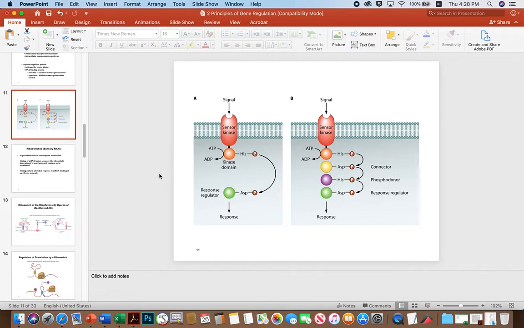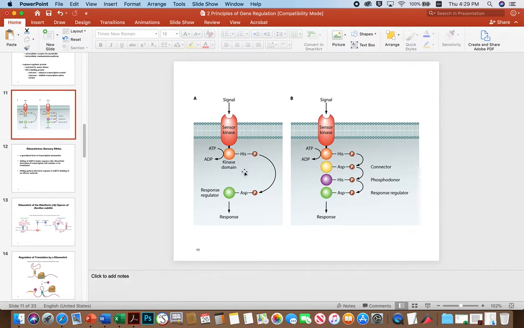Typically, the response regulator is the DNA binding protein that can activate or repress gene expression. So in this cartoon, you see in panel A a classic two-component system where you have the sensor kinase straddling the cytoplasmic membrane with a periplasmic component that's waiting for some kind of signal, and then the response regulator here that's cytoplasmic.